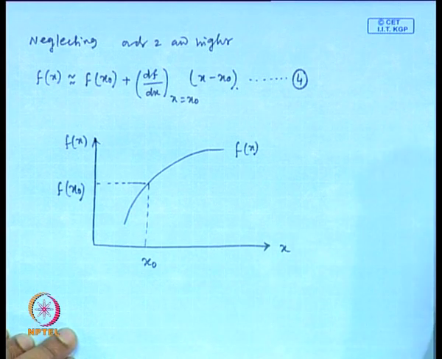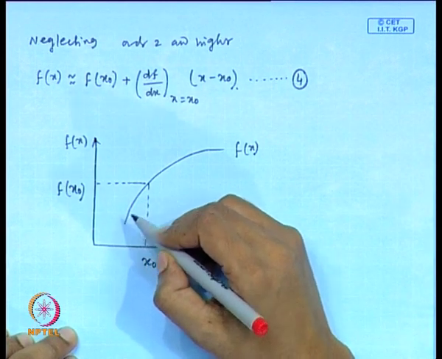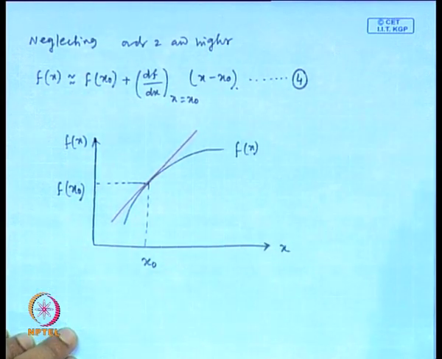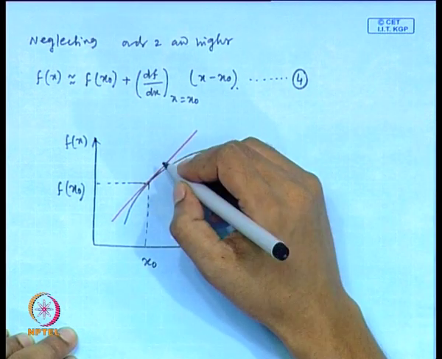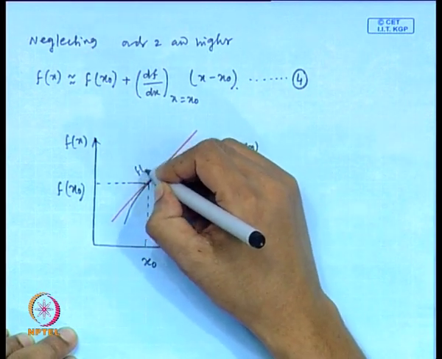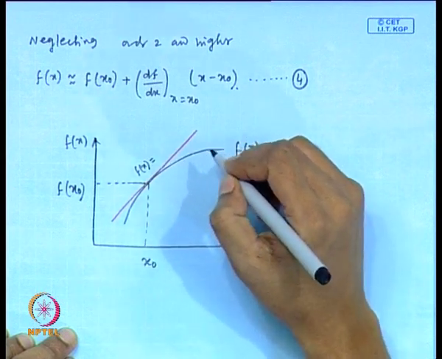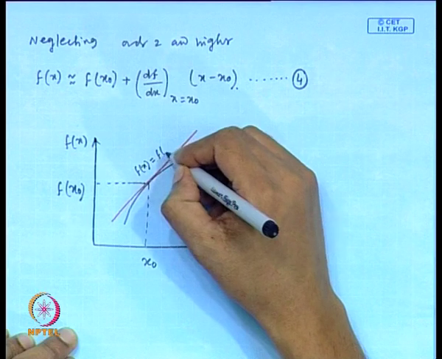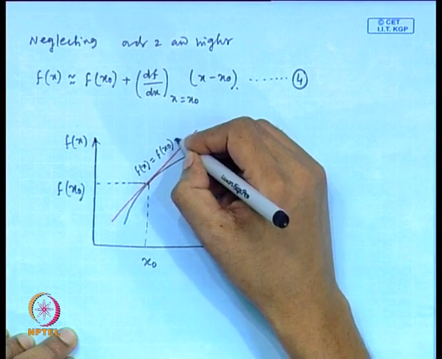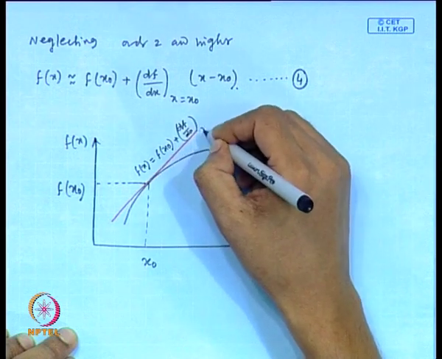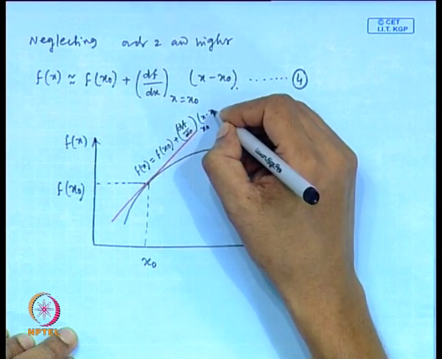Now, if we linearize with respect to this point, this linear function is represented by f(x naught) plus df/dx at x naught times (x minus x naught).